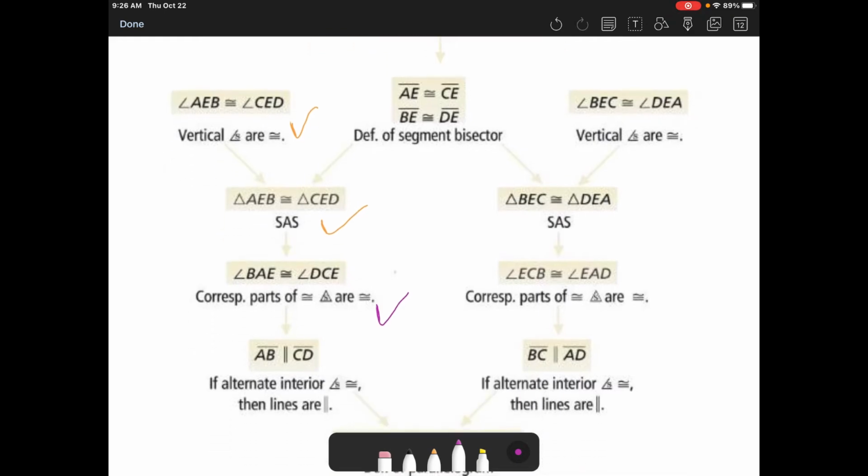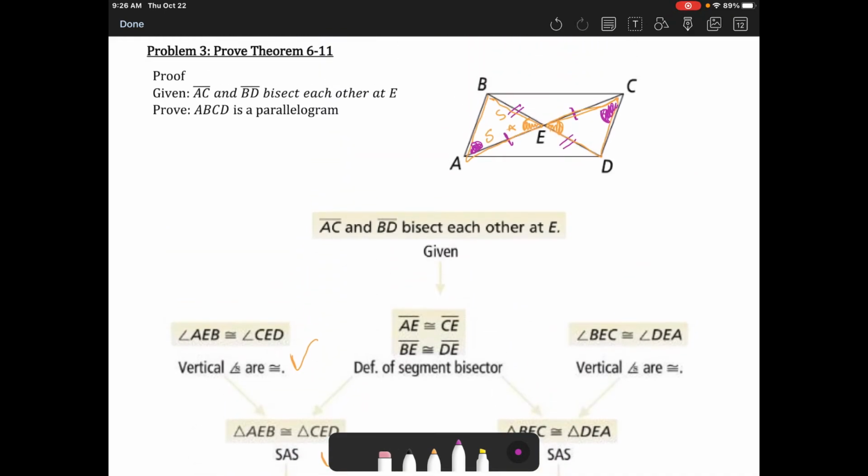And so we can conclude that AB is parallel to CD. If this acts like the transversal, those purple angles are alternate interior congruent angles. So we proved that AB is parallel to CD.